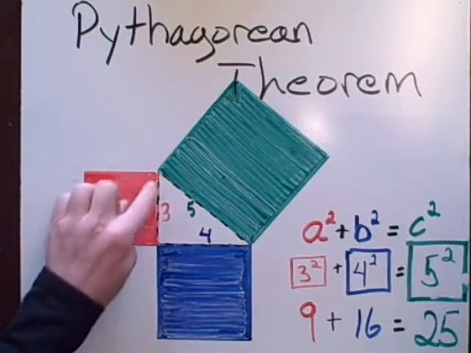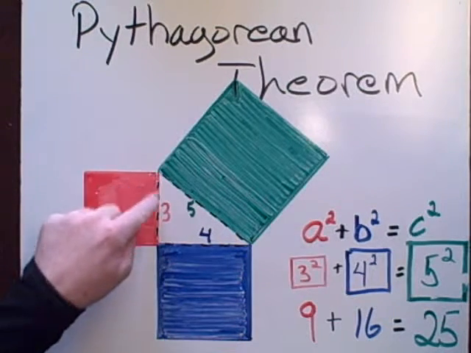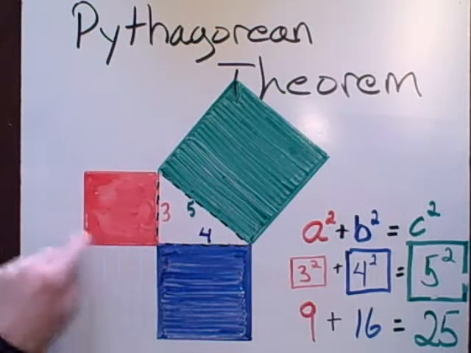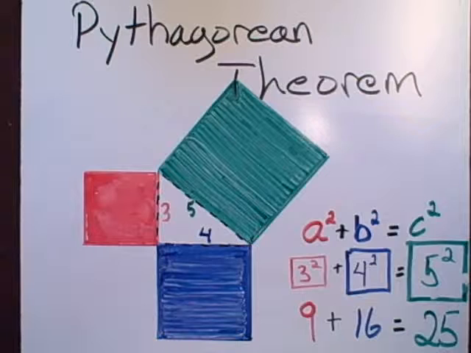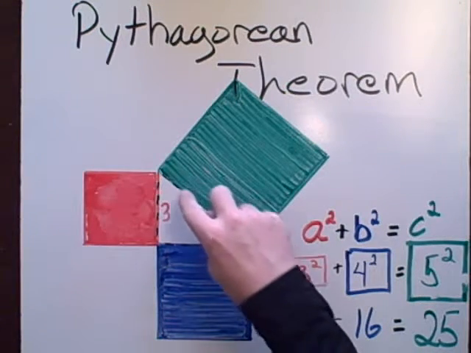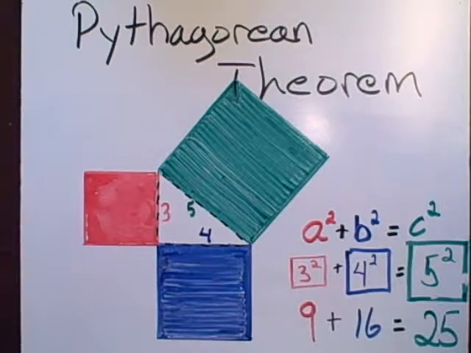Here's a diagram. This is a 3, 4, 5 right triangle. We've squared the leg that measures 3, and we've squared the leg that measures 4. When you add them, 3 squared is 9, 4 squared is 16. When you add them, you get 25, and you'll notice the diagonal, which measures 5, when it is squared, 5 times 5 is 25.